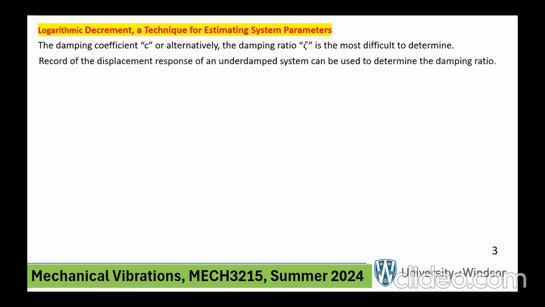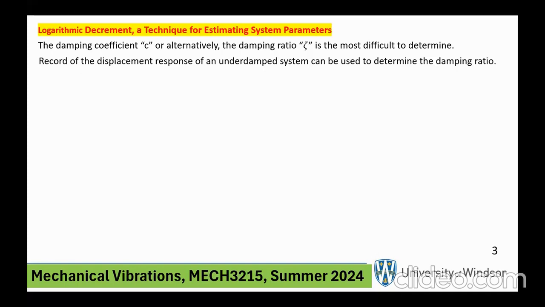What we're going to do, first of all, let's say that some information has been recorded based on displacement as a function of time for an oscillating underdamped system. Okay, now, first of all, if it's an underdamped oscillating, vibrating system, we know that zeta is going to be less than 1.